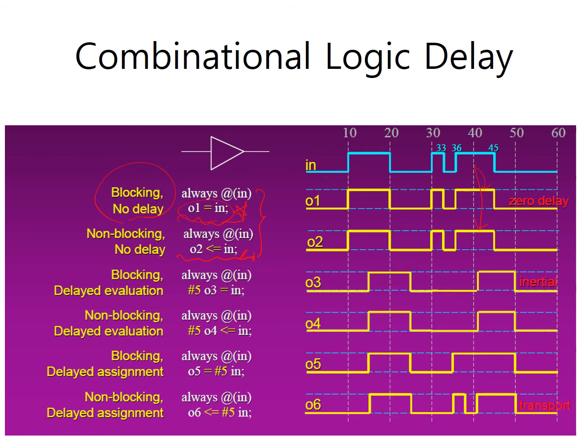For blocking assignment, we can specify the delay, let's say a 5 nanosecond delay at the input, and the assignment like this. This is a 5 nanosecond delayed evaluation. But if you put a pound 5 nanosecond on the assignment, then this is the delayed assignment. What would be different?